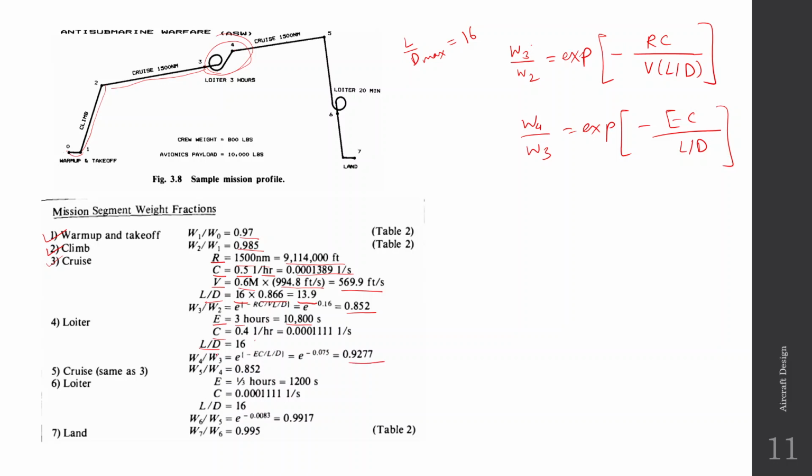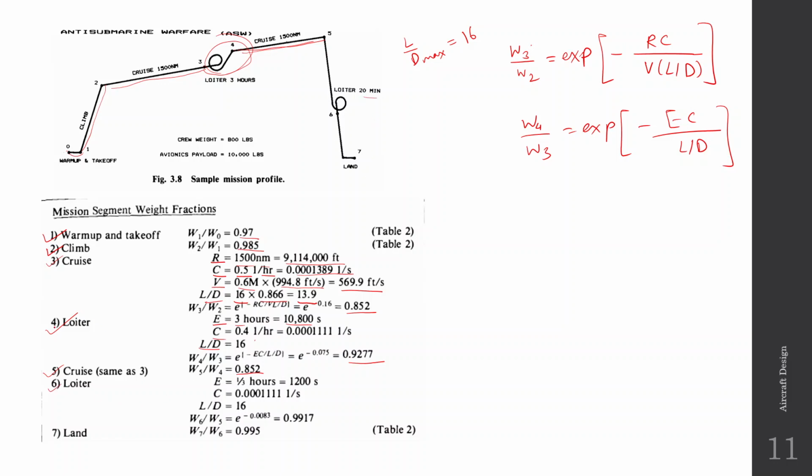The value is 0.9277, and then there is again a cruise phase, and all the parameters of this cruise phase are the same. We have the same range, same SFC, same velocity, same L by D. So obviously the weight fraction is also going to be the same, which is 0.852. So we have covered till here. Then from 5 to 6 we have a loitering phase for 20 minutes.